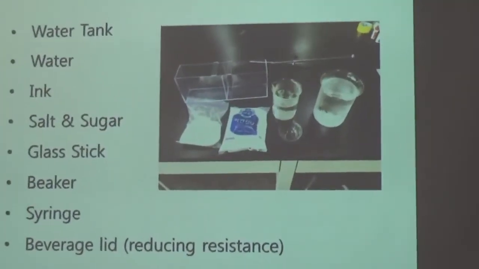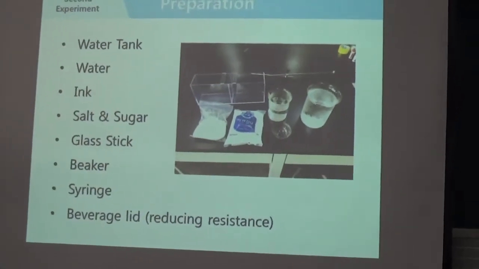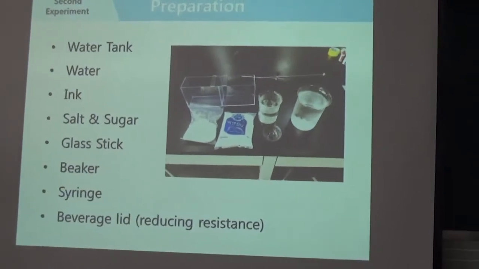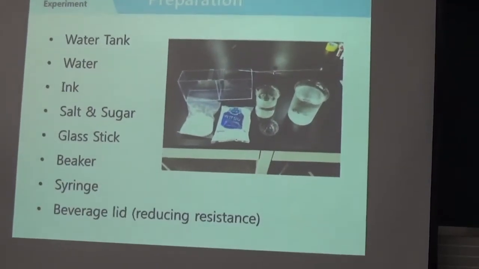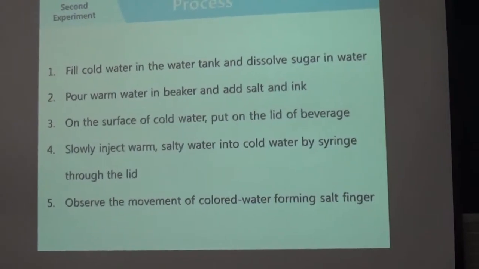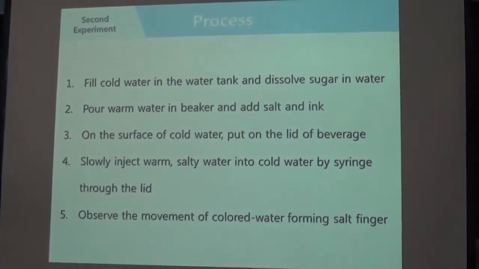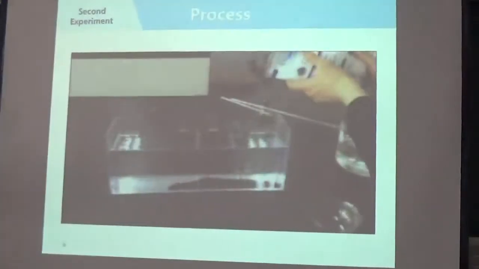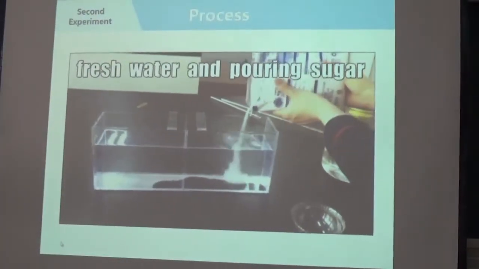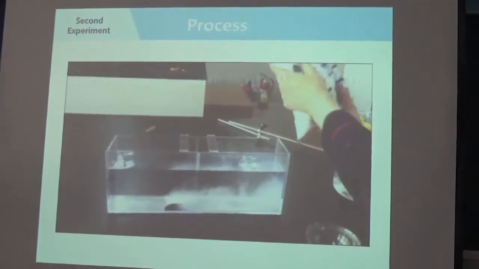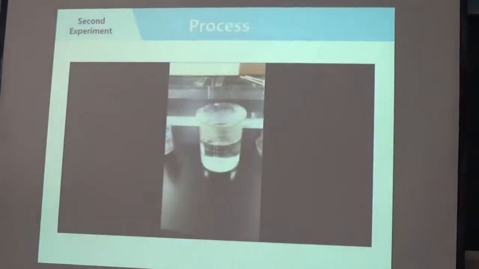These are the tools we used in this experiment. Here we have sugar for the thermal diffusion coefficient and a bowl cap to reduce the force of water falling. These are the steps for the second experiment about salt finger. Likewise, the details will be explained with the video. First, prepare cold and fresh water by filling the tank with cold water and pouring sugar into it to set the thermal diffusion coefficient.